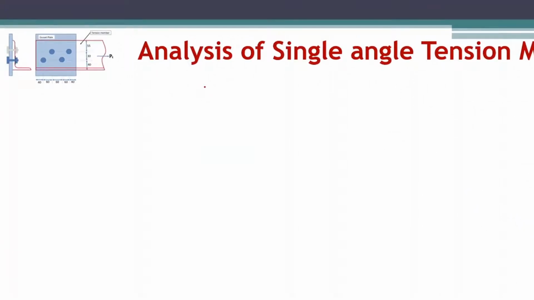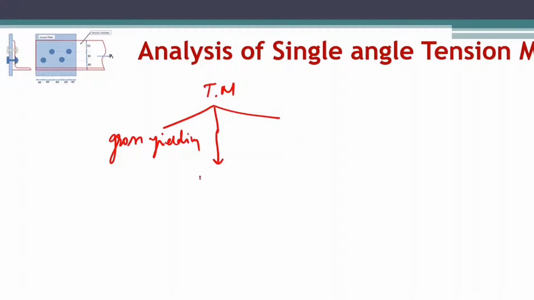As we have already discussed, a tension member may fail in three different modes. One is gross yielding, second is rupture at critical section, third is block shear.